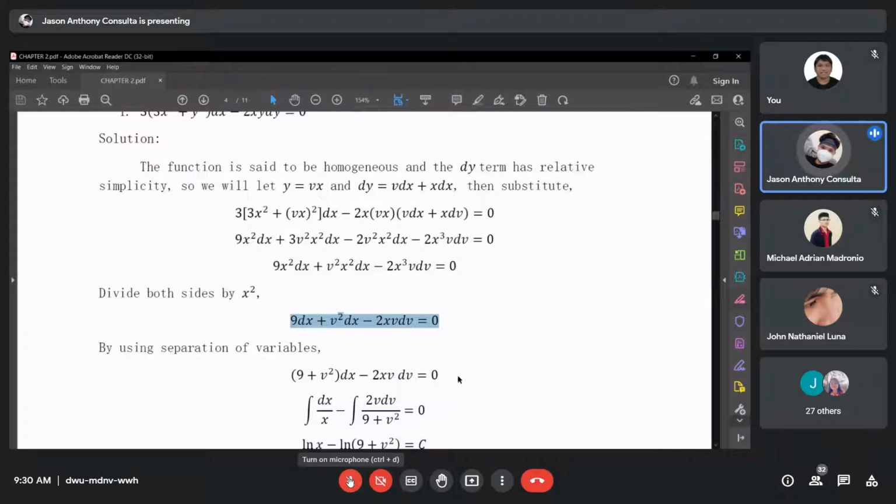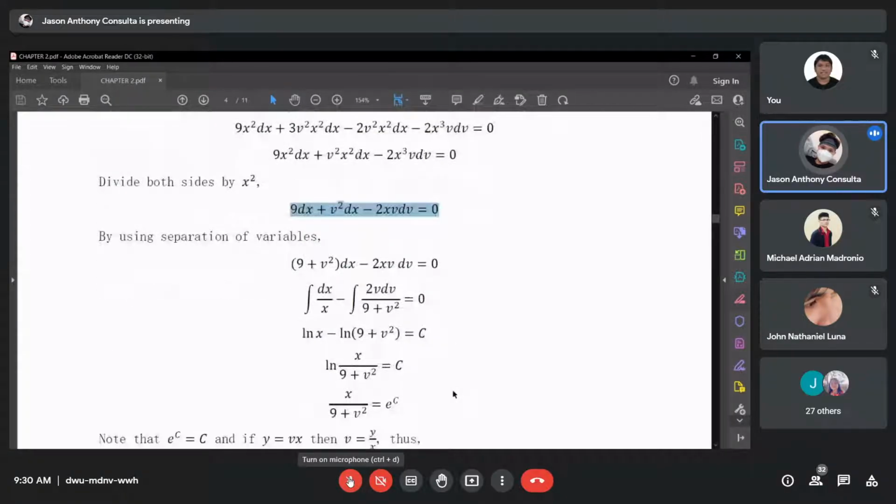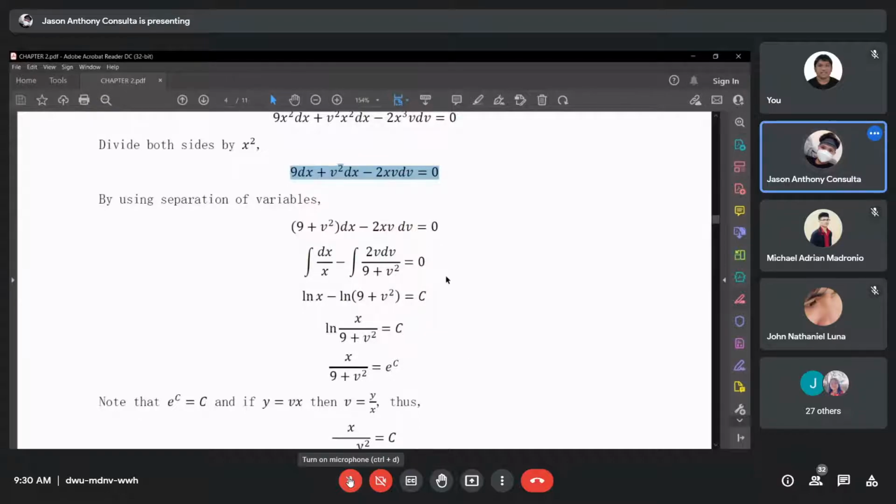Then we are going to proceed with the separation of variables or the variable separable. This is already a variable separable equation. So, lahat ng dx and lahat ng dv, pag samasamahin natin, dx over x, then 2v dv over 9 plus v squared.